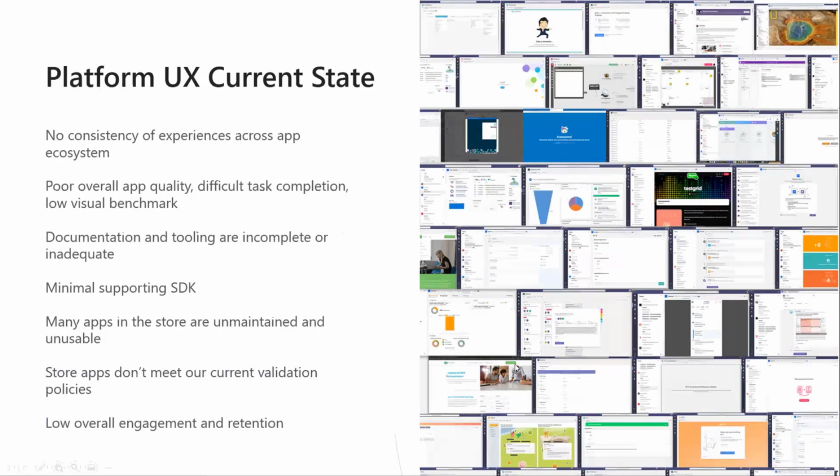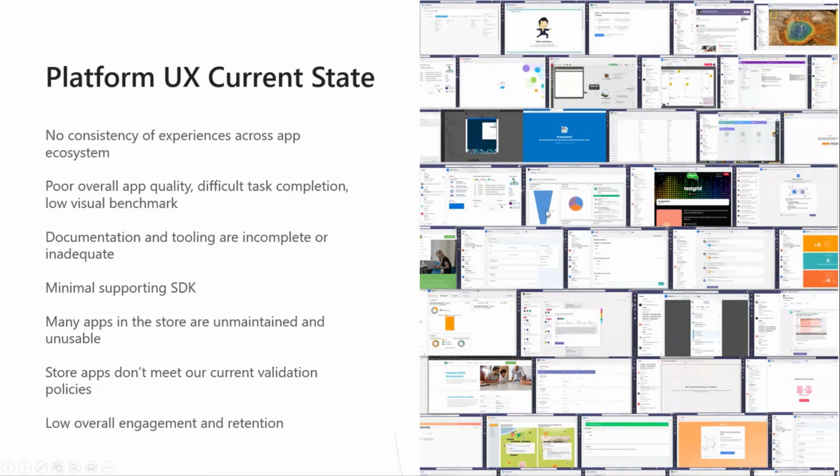We acknowledge your feedback is absolutely right. We acknowledge our current state is in need of that help. We see the inconsistency of experiences across all the apps. Every single app that we audited and looked through has a slightly different UI. That's where this UI kit and library will come in to help.